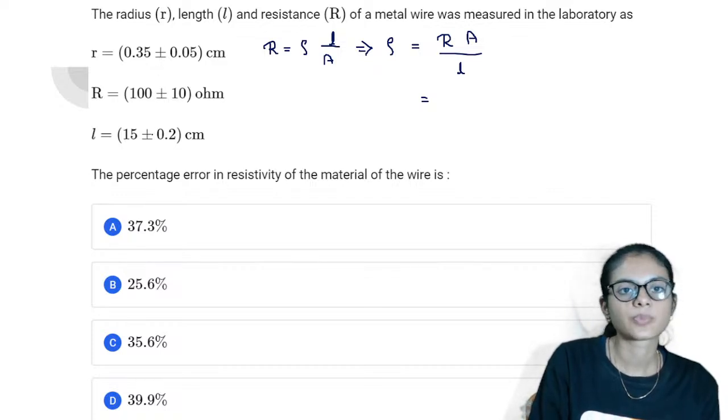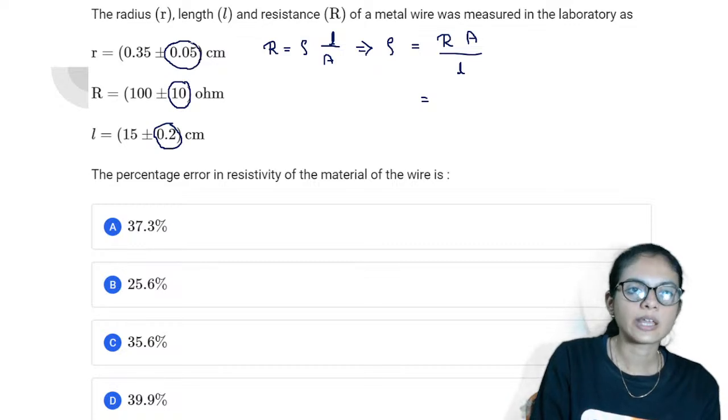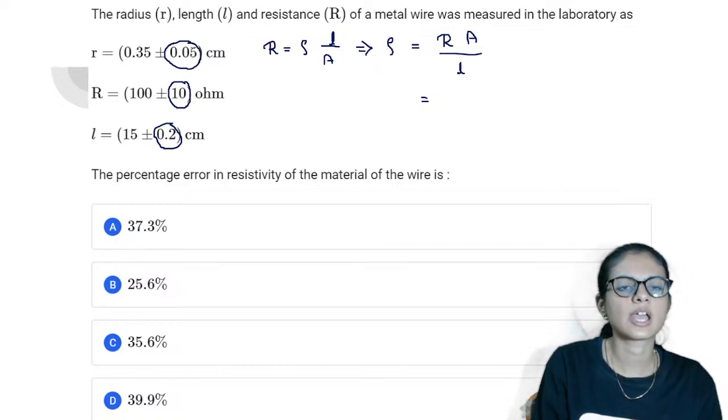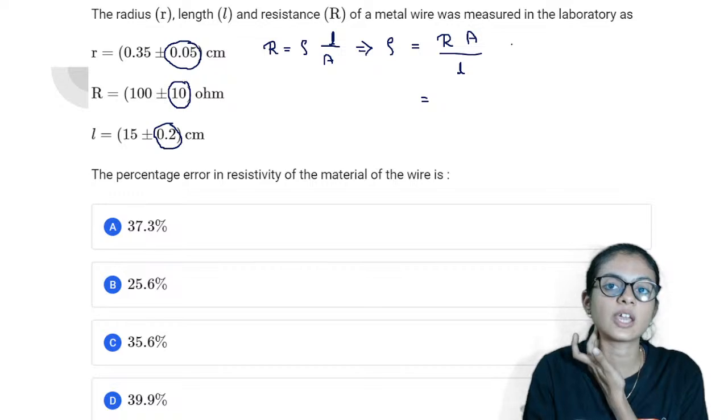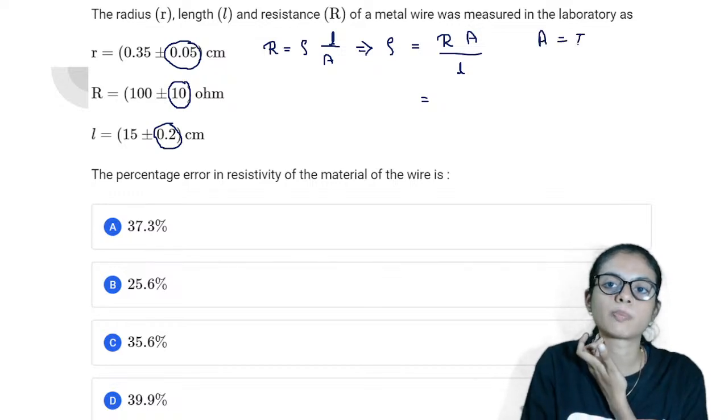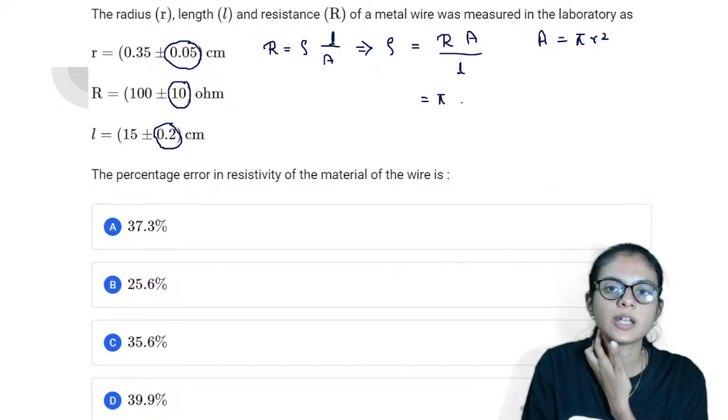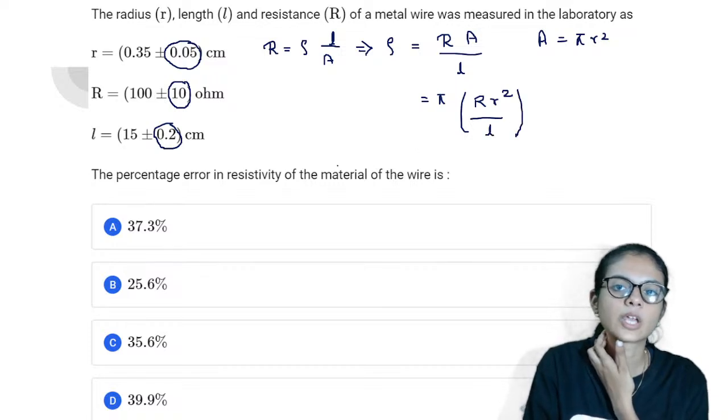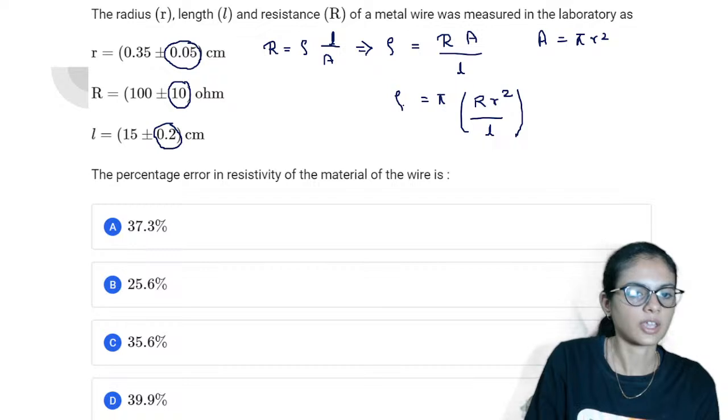They have not directly given the formula of A. We know that A is equal to pi r square. So pi is constant, I'll just keep it aside and I can write r square by L. Okay, so now it's fine.